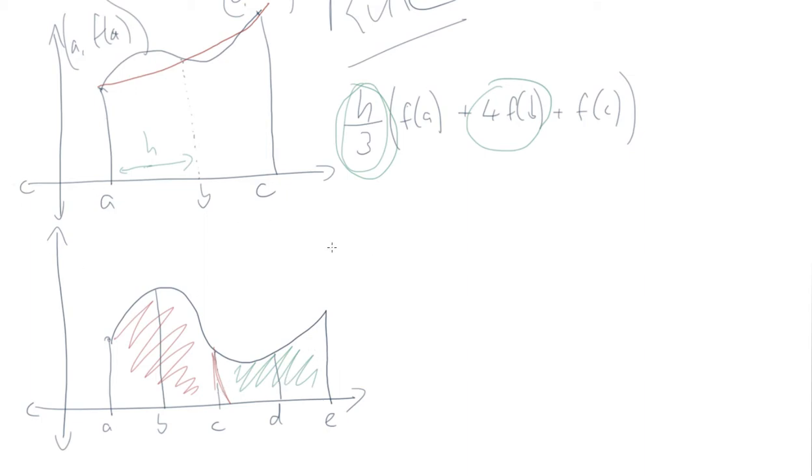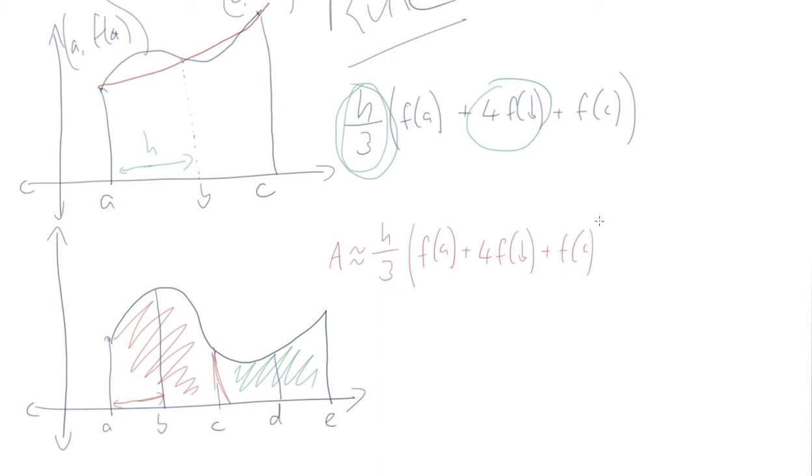Combining my approximations here, I get A, the area, is approximately equal to, because it's an approximation method again, h is this distance in here, of one house. How big is a house? H on 3. It's going to be then f of a plus 4 f of b plus f of c.